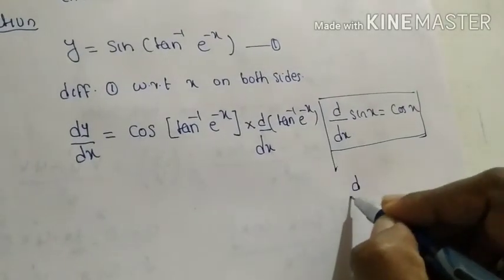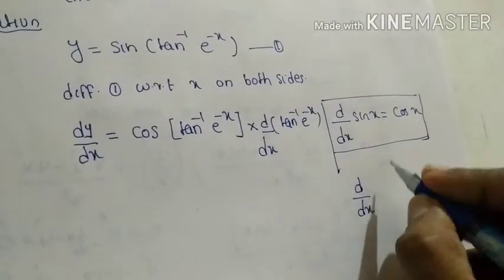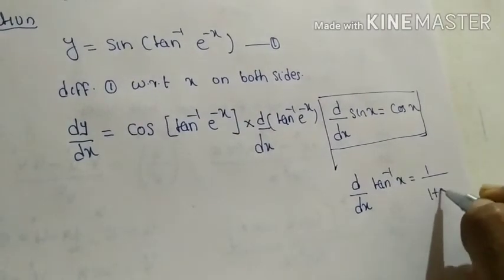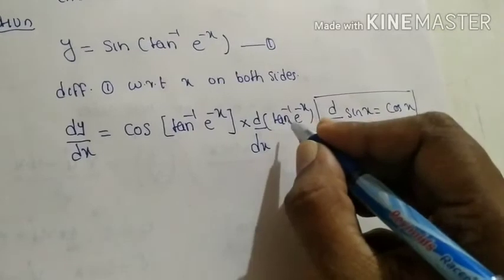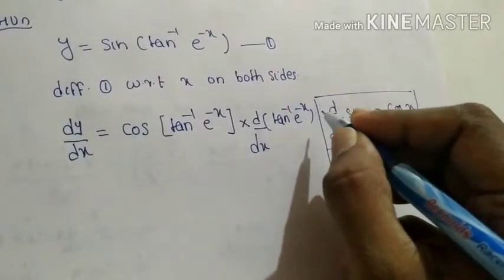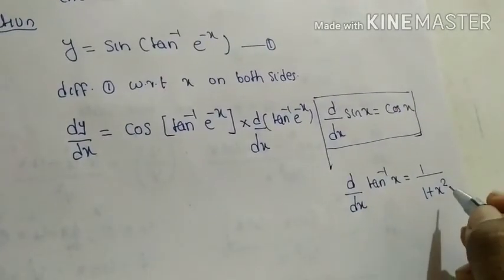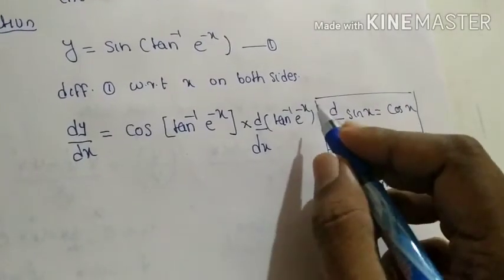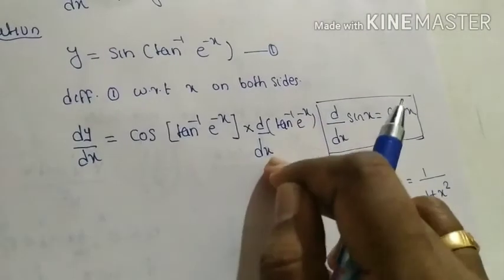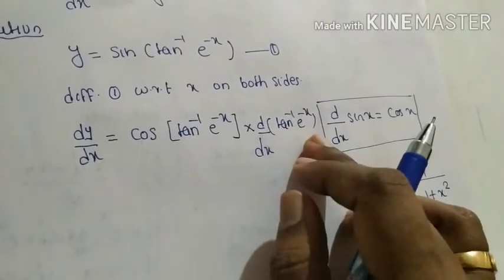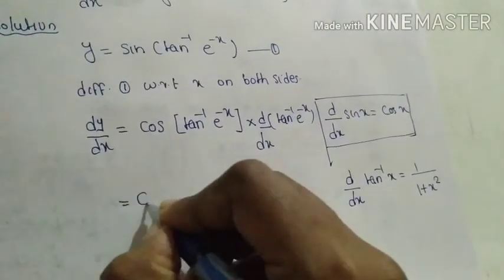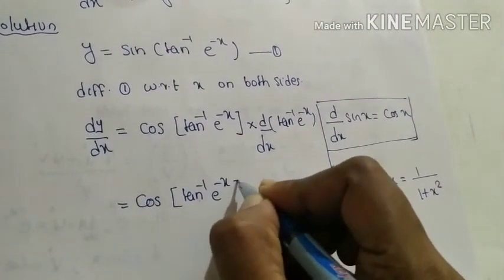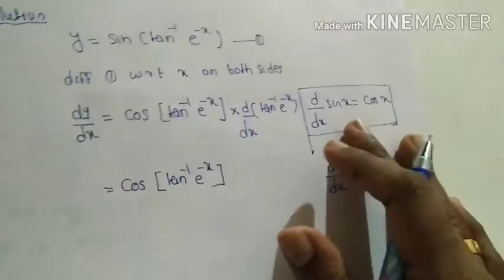Again, we know the standard derivative of tan inverse x is equal to 1 divided by 1 plus x square. But here it is tan inverse e raised to minus x. So if we replace x by e raised to minus x, this will lead to the answer of derivative of tan inverse e raised to minus x. So cos of tan inverse of e raised to minus x, this term remains the same.